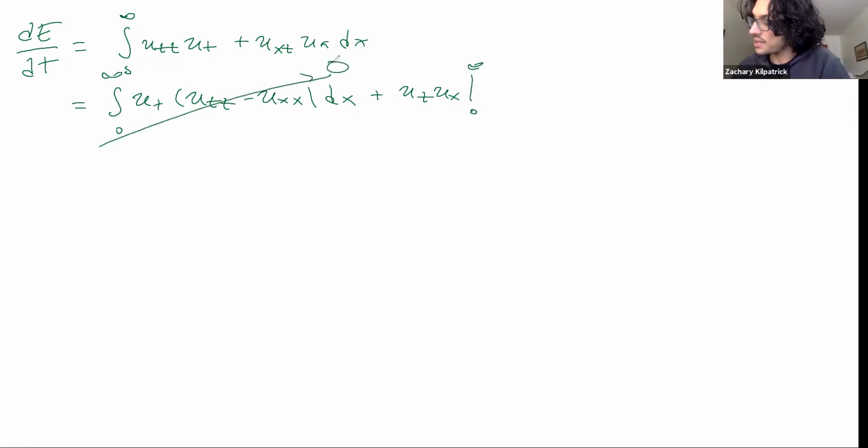So I know that this goes to 0, but now I have the boundary terms. And I know that in the limit as x goes to infinity, I'm always going to have 0. So I only need to worry about minus u_t(0,t) u_x(0,t).